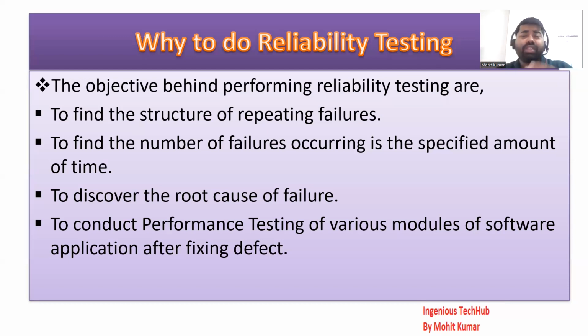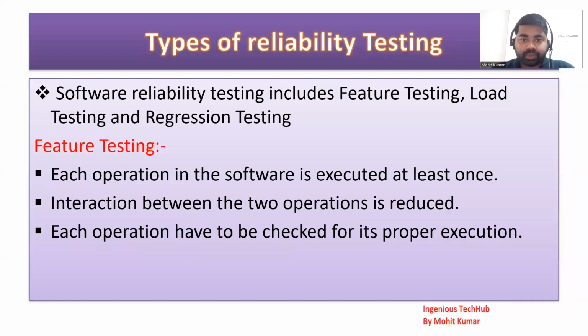We make all these observations to find the number of failures occurring in a specified amount of time, to discover the root cause of the failure, and to conduct performance testing of various modules of the software application after fixing the defect. All of this comes under non-functional testing.